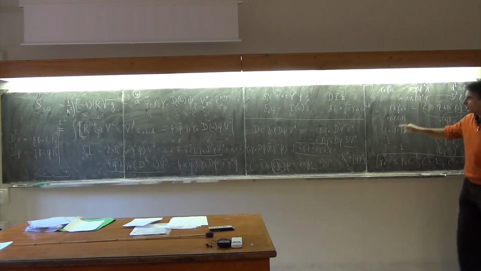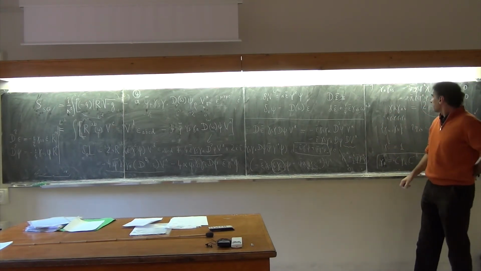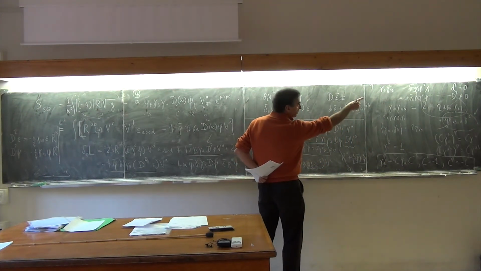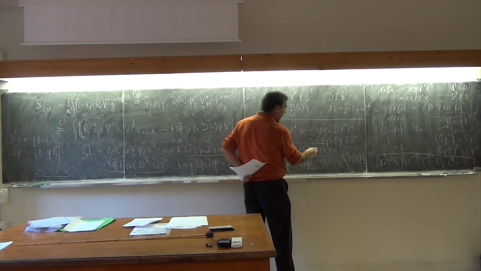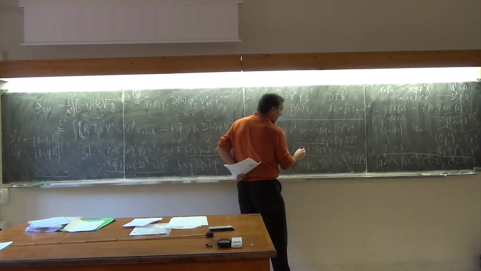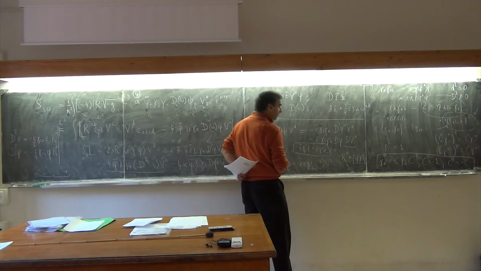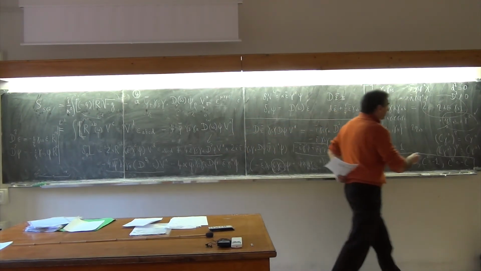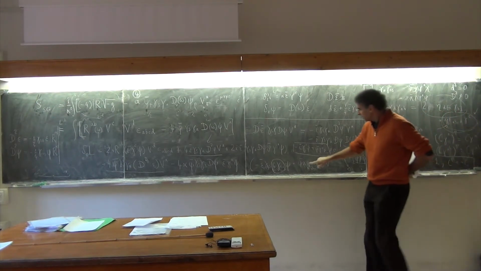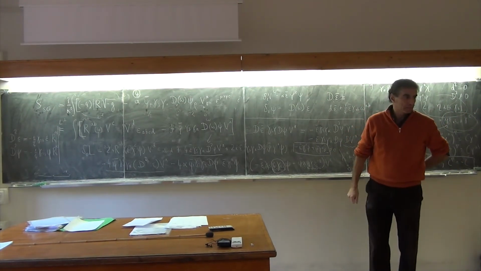If this is a zero form, like in this case. But then you see that if you put a gamma 5 here and a gamma 5 here, then this has a minus sign, this has a plus sign to cancel. Then you have to have a single gamma, not gamma 5 gamma 6. And this is why I'm selecting this part here, because this gamma 5 kills this gamma 5. So that's it.